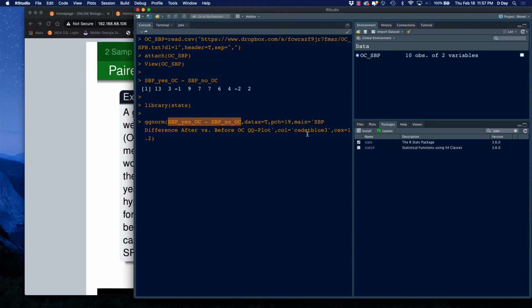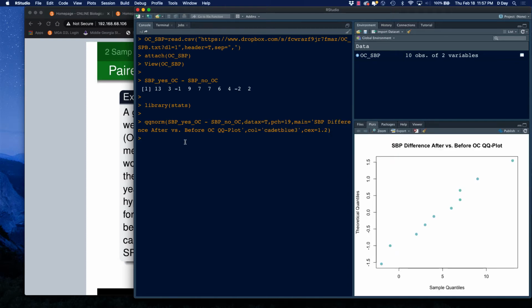And I did some other things in here, like play with the color and the characters, like the PCH, remember, changes the symbol. Instead, you can have dots or different shapes representing your points on this graph. And then I changed the character size to make them a little bigger, and the numbers, and I gave it kind of a long title, and luckily this title actually fits across the top, so you'll see that in just a second. And so we produce this nice looking plot here.